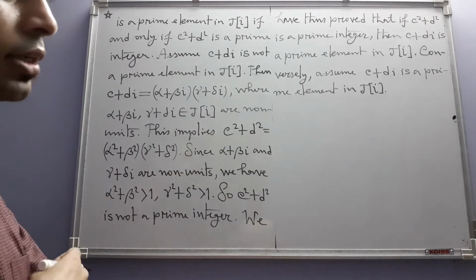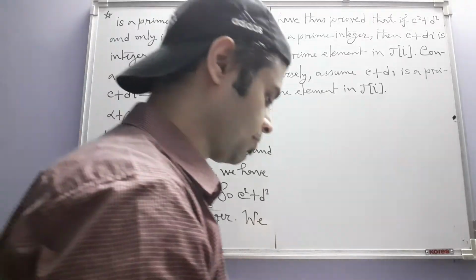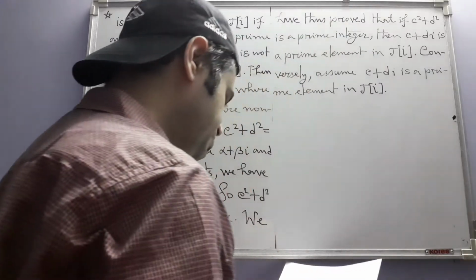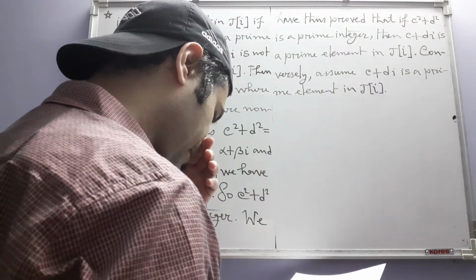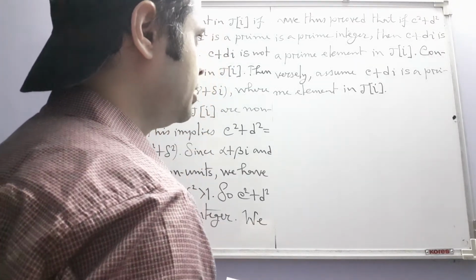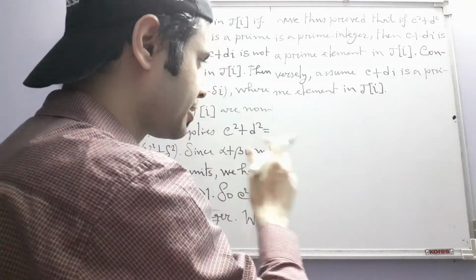Suppose it is not. Now in this case we have to go by the method of contradiction. But before we do that, let us do another calculation.